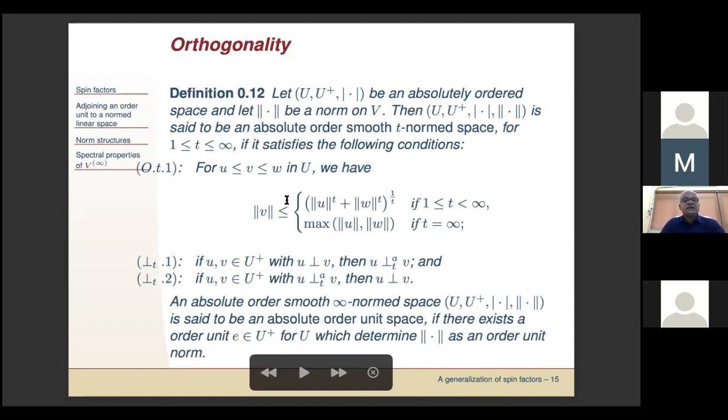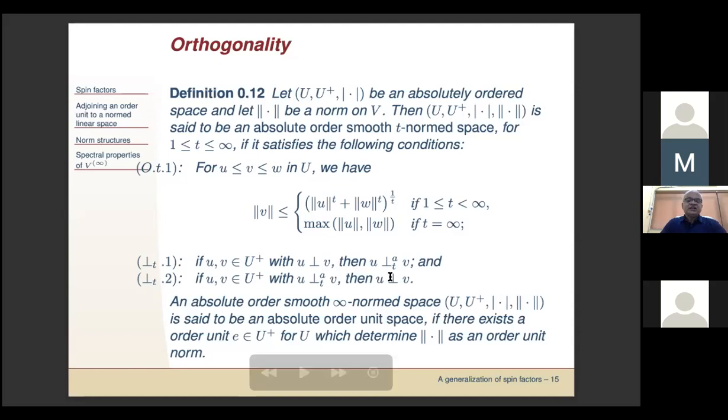OT1 is a kind of, it respects order convexity in this way. And then part T1 and part T2 relate the orthogonality with respect to this modulus and this absolute orthogonality with respect to norm. So actually the two things together say that U is orthogonal to V if and only if U is absolutely T orthogonal to V.